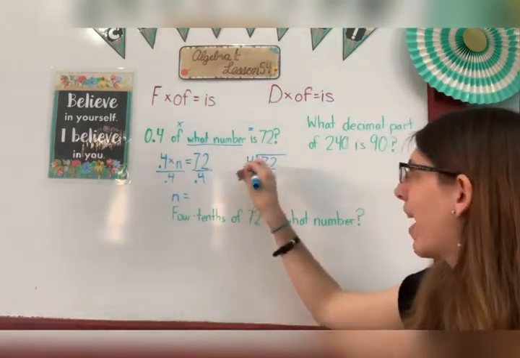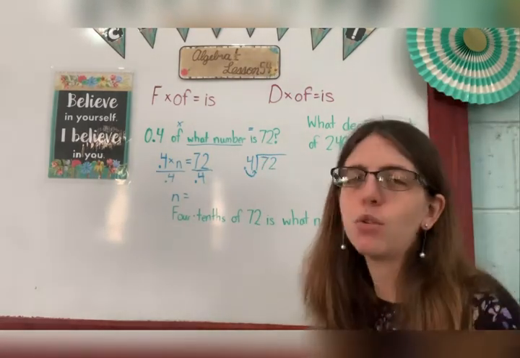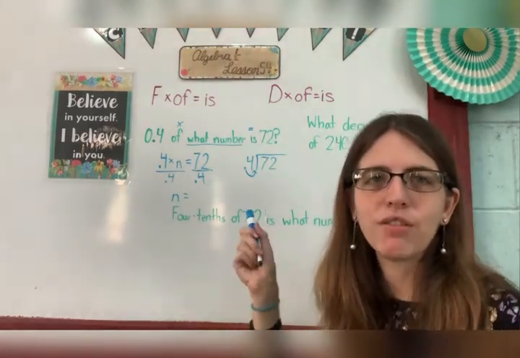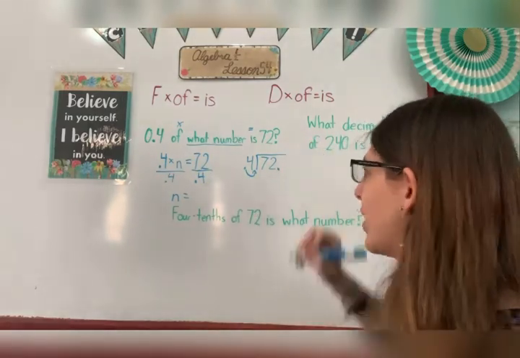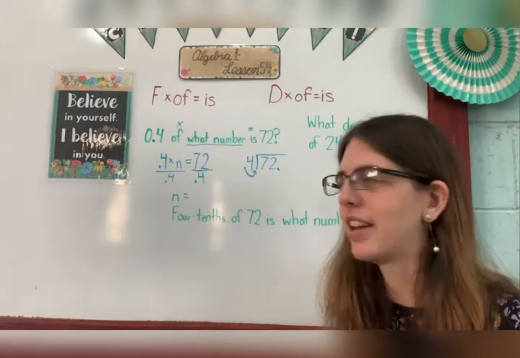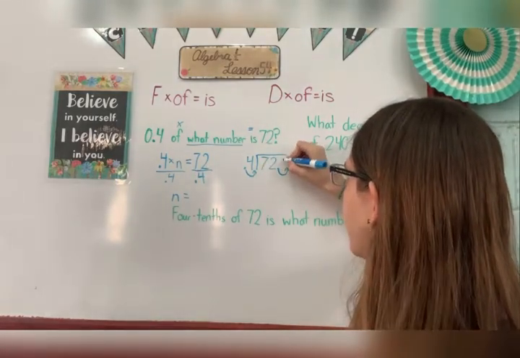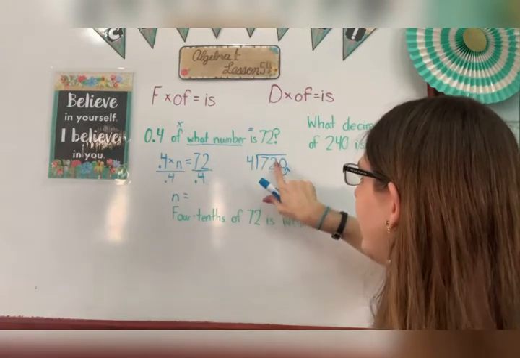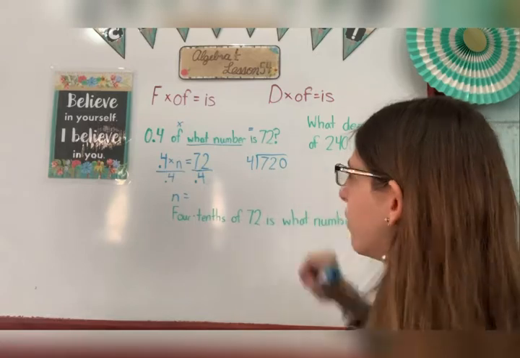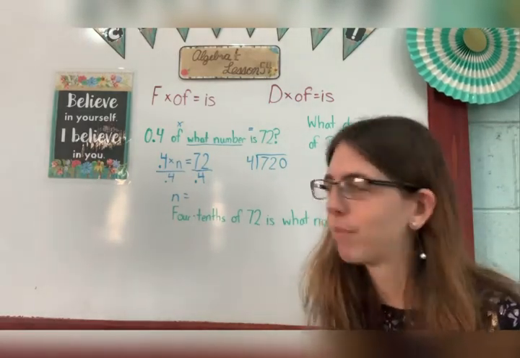You can't just divide like this. You have to move your decimal over so that you no longer have the decimal in your divisor. But when you do that, you also have to move your decimal in your dividend. So I move it one place over here, I have to move it one place over here. So it becomes 720 divided by 4 instead of 72 divided by 0.4.